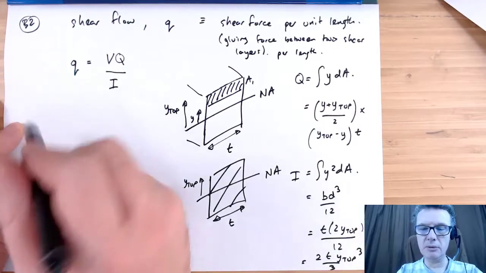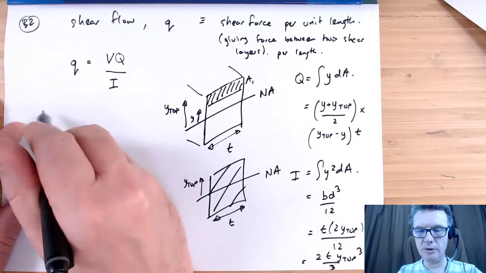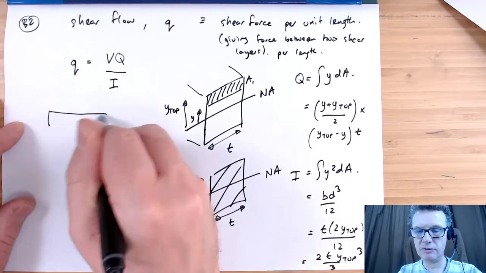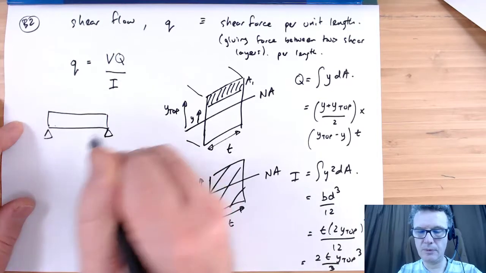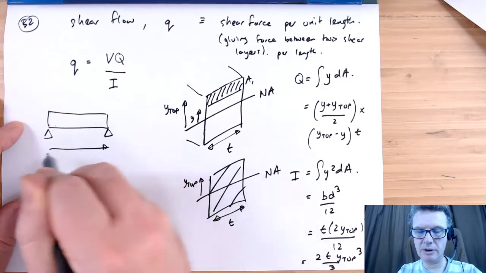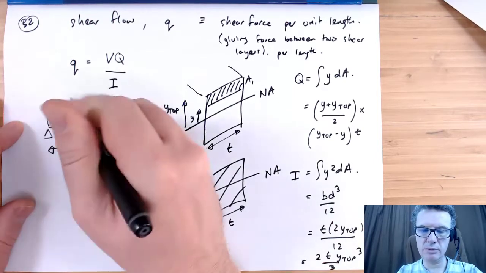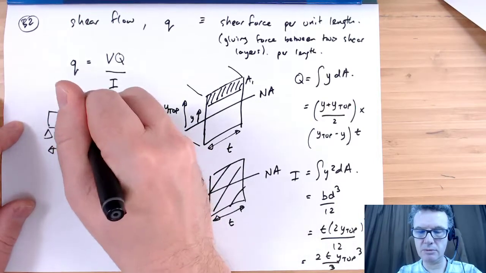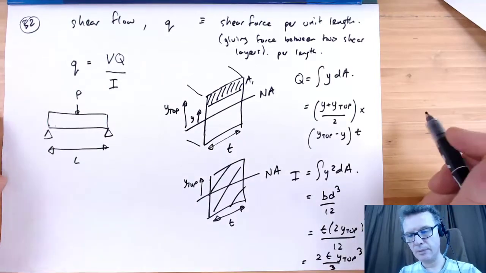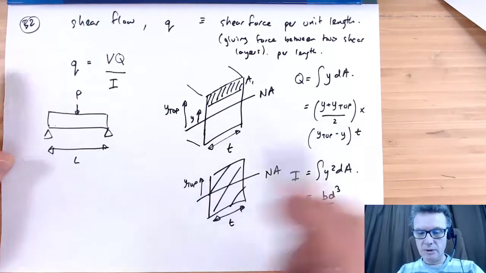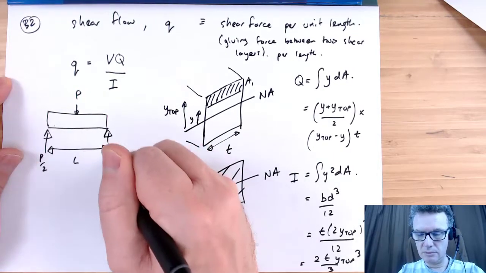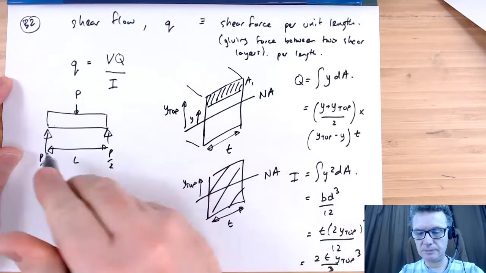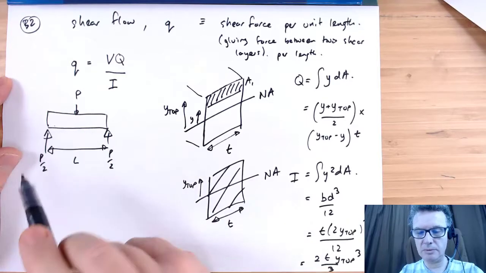The V I would find from doing the shear force diagram. So we've got a beam of length L. Let's put a force in the middle, P. The reactions here are going to be P over 2, P over 2, with P put bang in the middle.